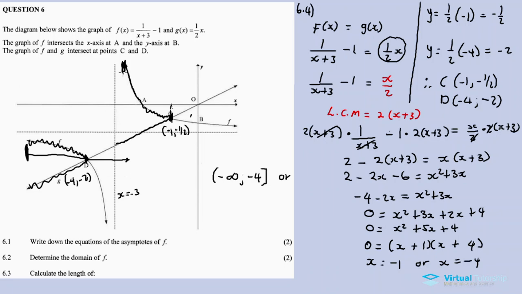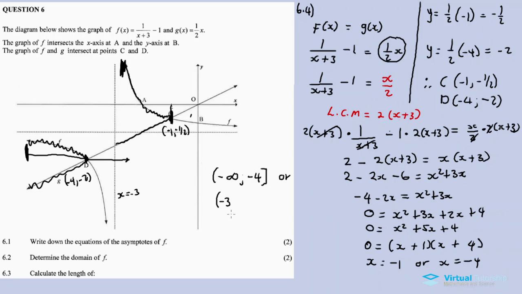So our range goes from here all the way up to here, where f is above and g is below. It's between which range? It's between this range, negative 3 excluded, right? That's why I say our graph wants to approach negative 3 but it never reaches it, right? So we say negative 3, the negative 3 is excluded since it's an asymptote.